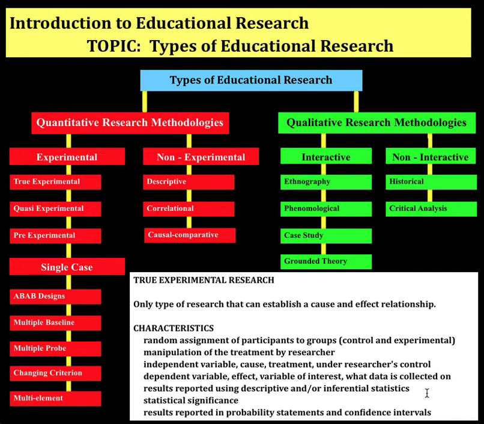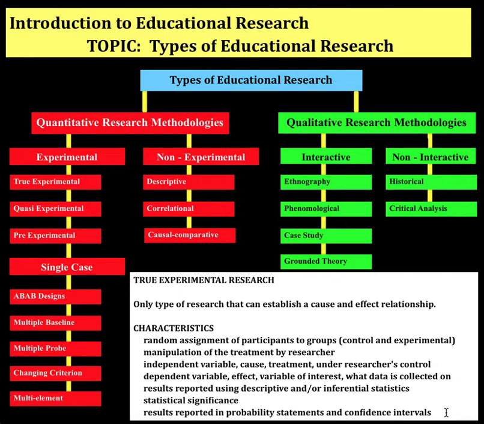And again, since it's experimental research, results are reported using descriptive or inferential statistics. That's part of the quantitative research methodology. There's the concept of statistical significance, and we won't go into that right now, but we will go into it later on in other videos. And the results of this kind of research are reported in probability statements and confidence intervals.